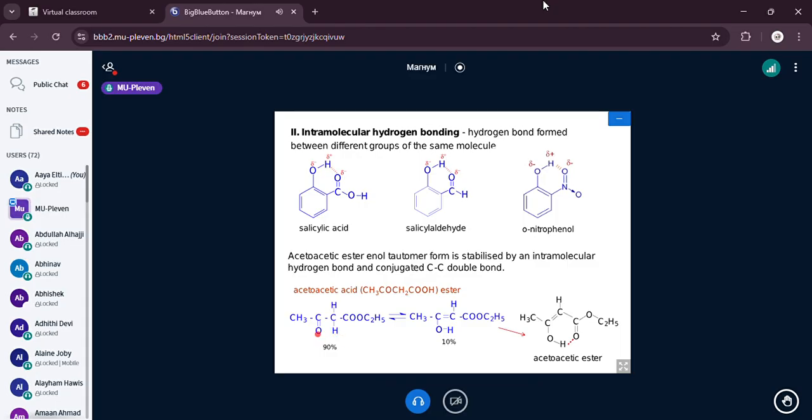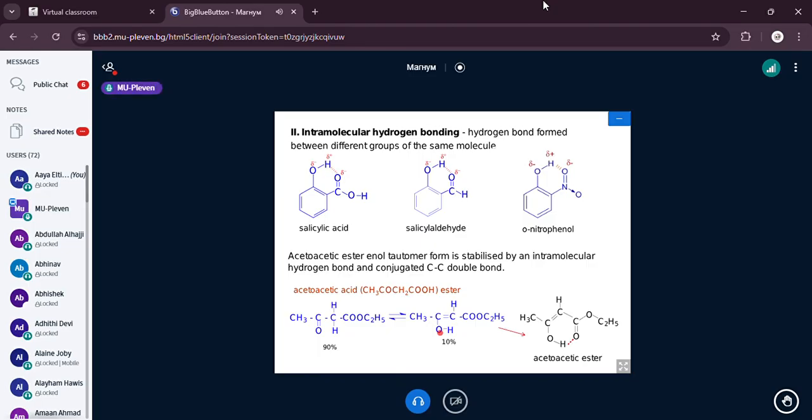It goes to carbonyl oxygen and forms OH group. In case we have carbon atom involved in double bond and hydroxyl group, we say this is an enol structure.